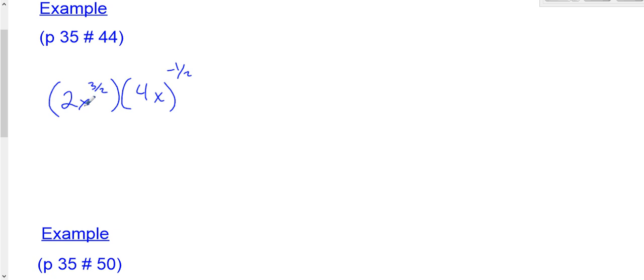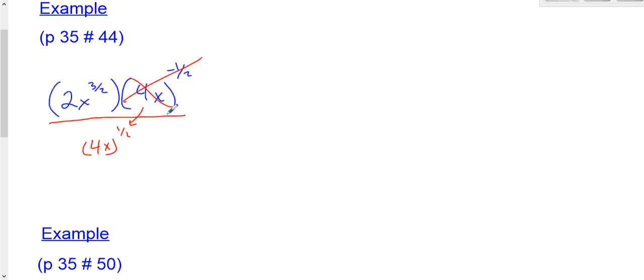We have 2 times x to the 3 halves times 4x to the negative 1/2. Since I've got a term here with a positive exponent and a term with a negative exponent, I'm going to create a fraction bar, and I'm going to drop this 4x to the negative 1/2 down to the denominator to be 4x to the positive 1/2.